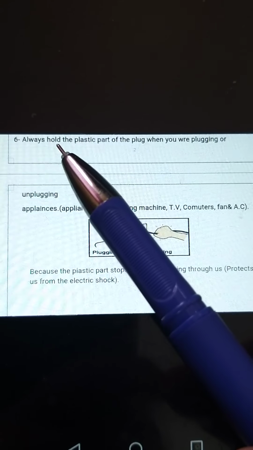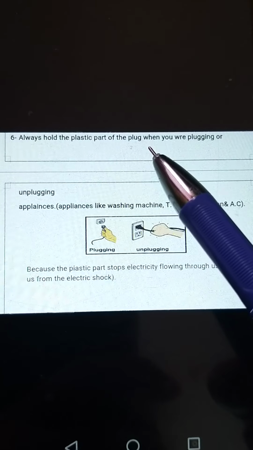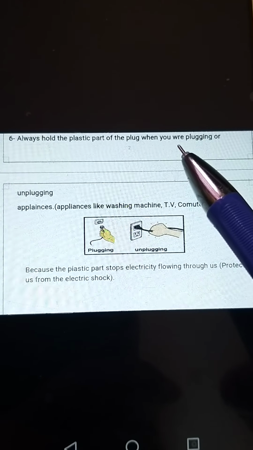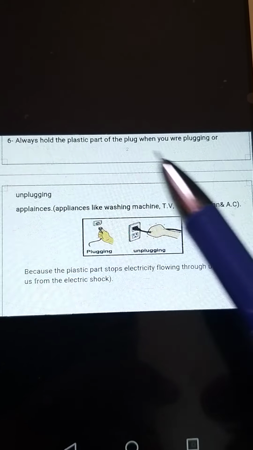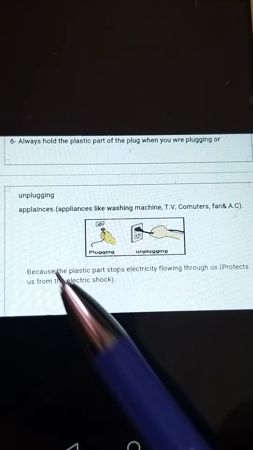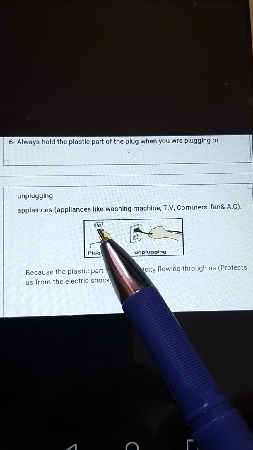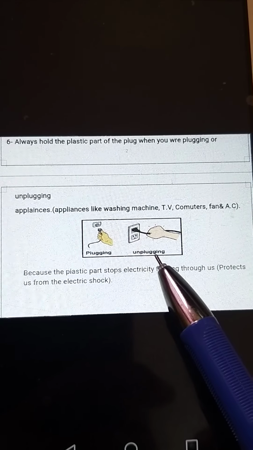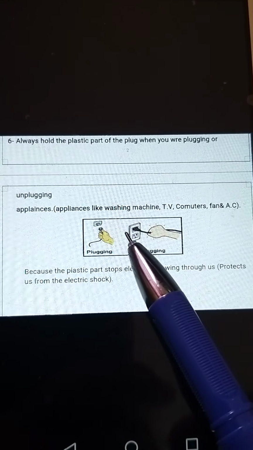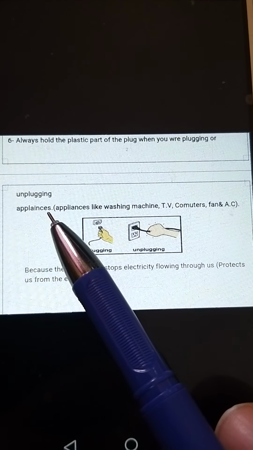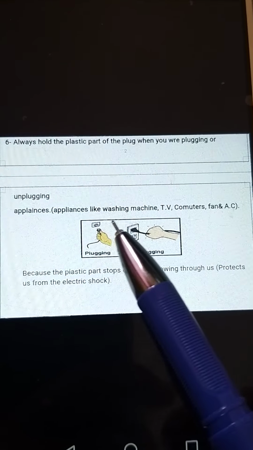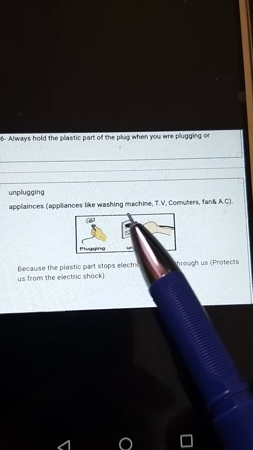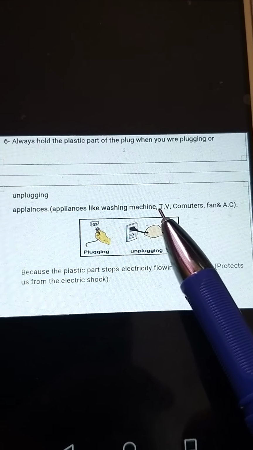The last give reason today. Always hold the plastic part of the plug when you are plugging or unplugging appliances. This is plugging, when you put the electrical plug in the socket. This is unplugging, when you take the electrical plug from the socket. Appliances means what? Appliances means devices. Like what? Like washing machine, TV, computers, fans, AC, vacuum, any appliance you know.